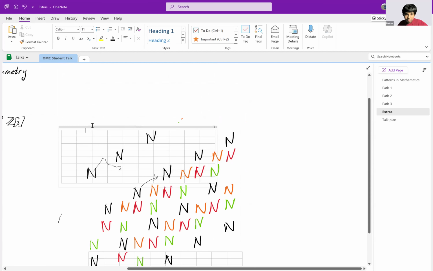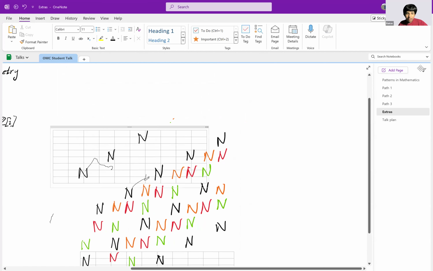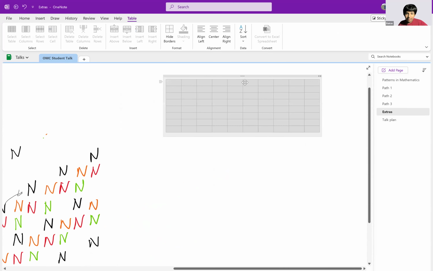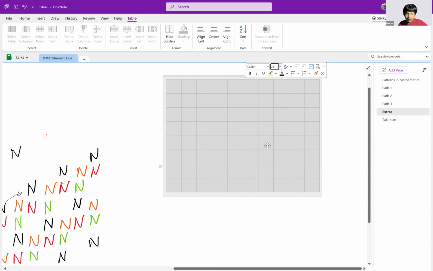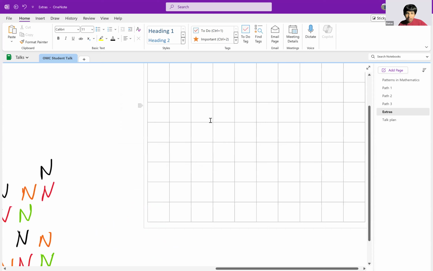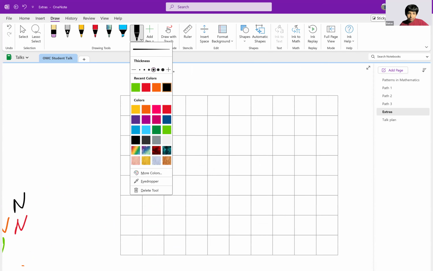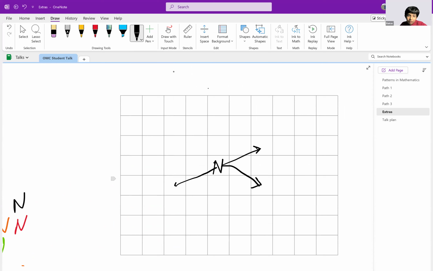So, what if we have a new knight and this knight can go either here, here, here, or here?